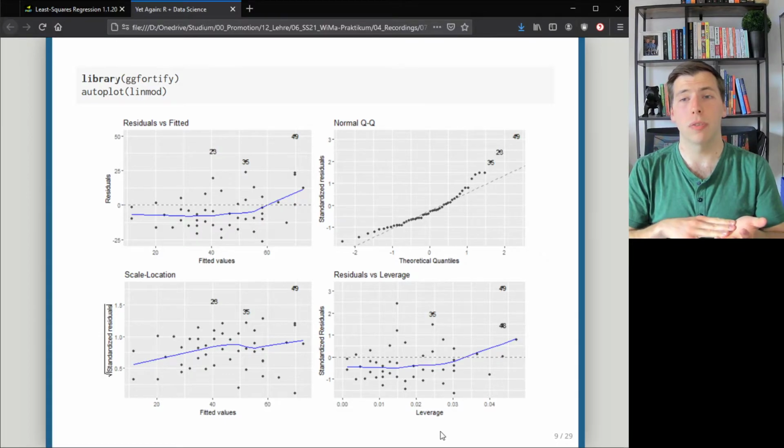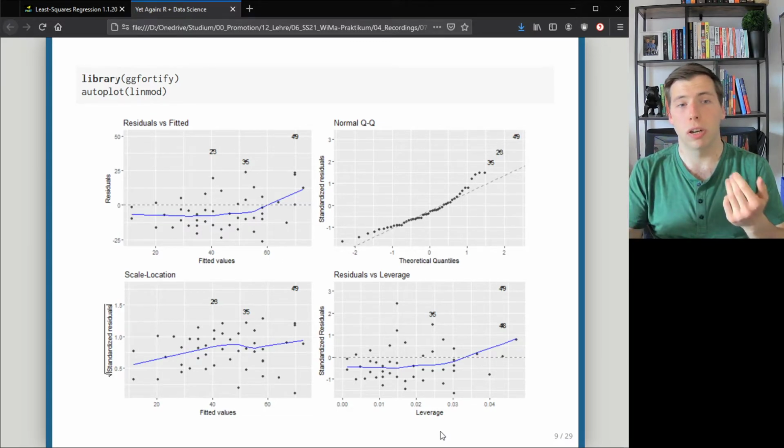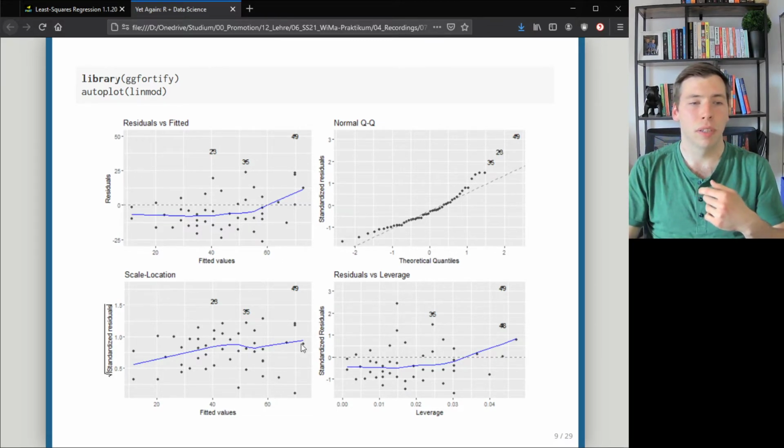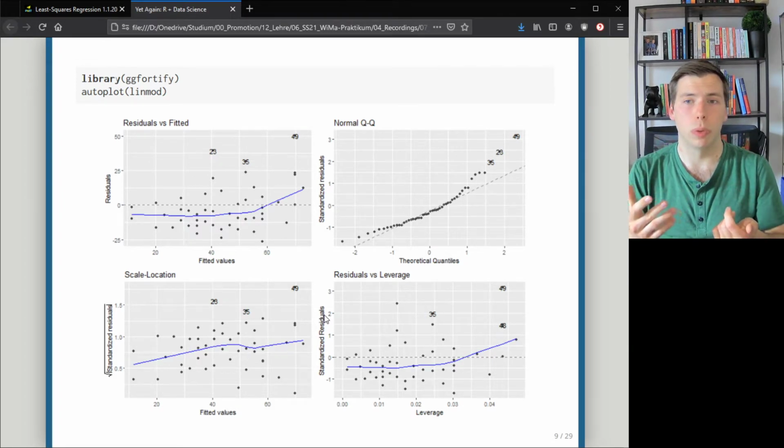So they try to find observations that deviate from my model prediction by a really large amount. Rules of thumb are that if the standardized residual is larger than two or three, then it's an outlier, and then we need to think about what to do with it. Often you just throw out the outliers.